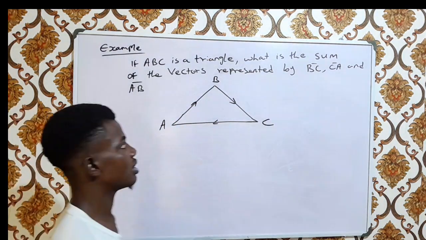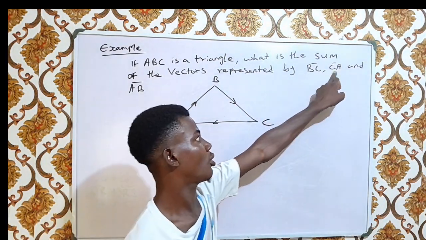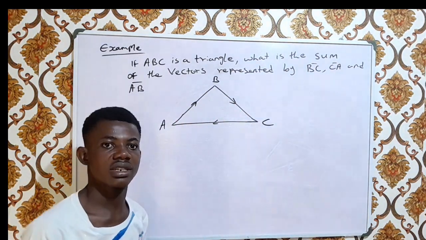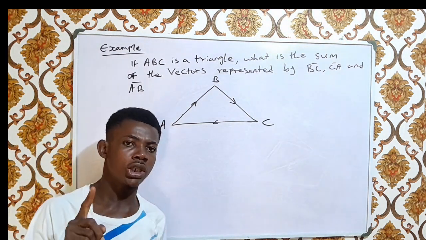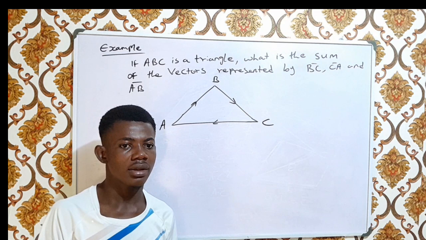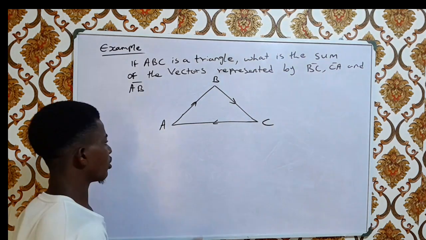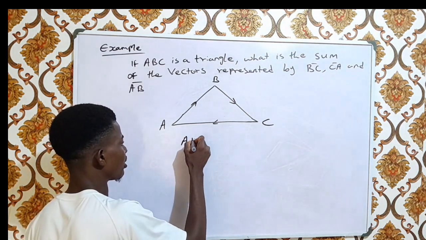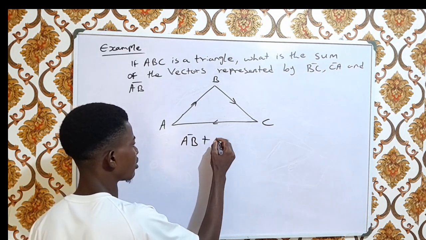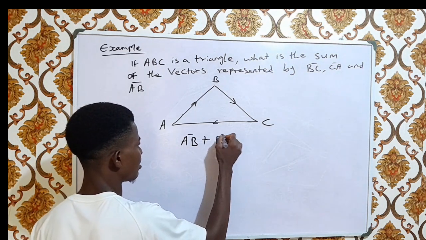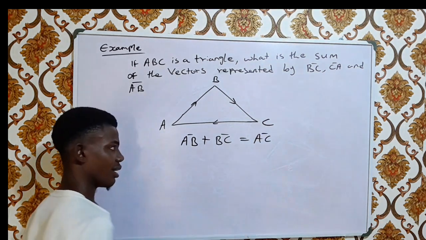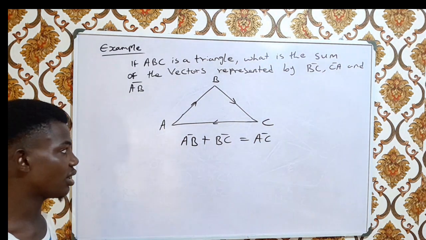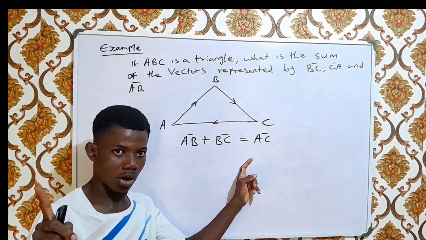Now, the question is, we should find the sum of the three vectors. But from the triangular law of vector addition, AB plus BC will give us AC, right?